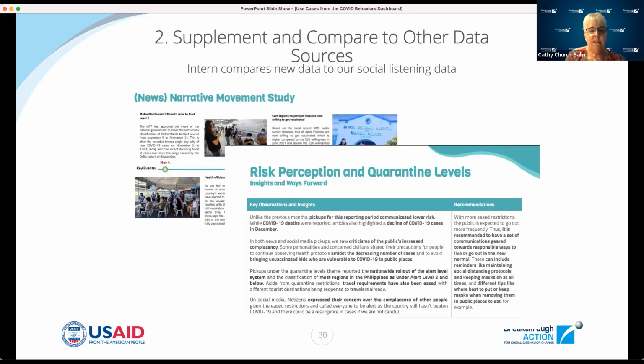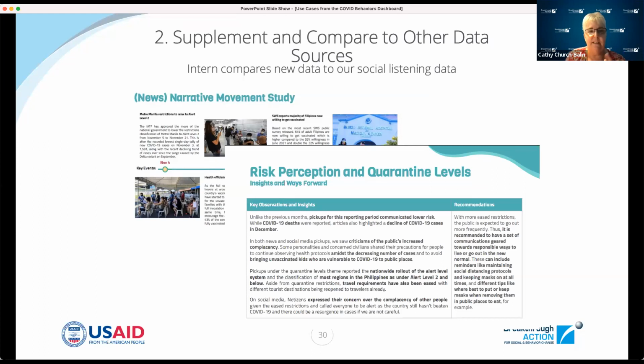So we use this and we compare it to other data sources. Another activity of the Breakthrough Action work is we've hired this great firm that does really in-depth social listening, and we get a report from them every 2 weeks. And it just so happens to coincide with the same time frame as the COVID dashboard's data. So I have this great intern, and he goes through and compares.